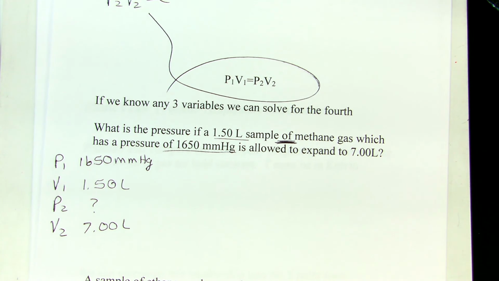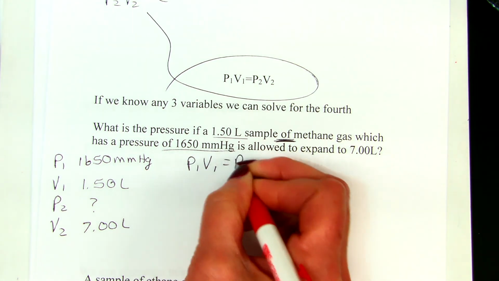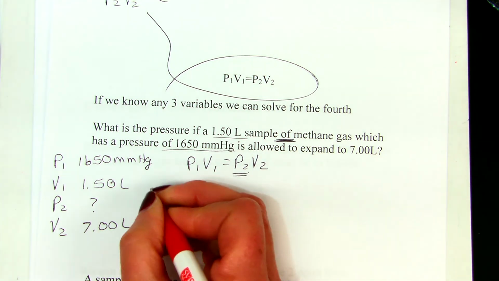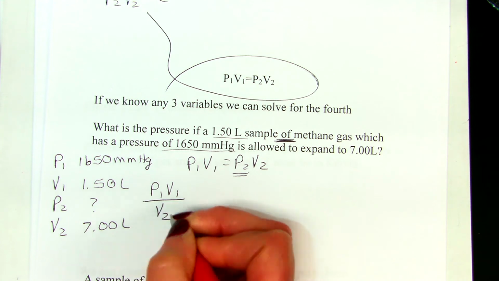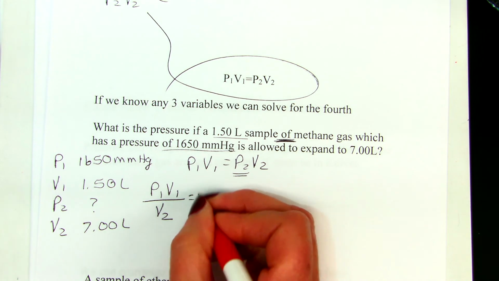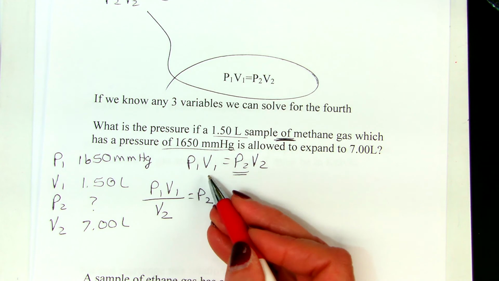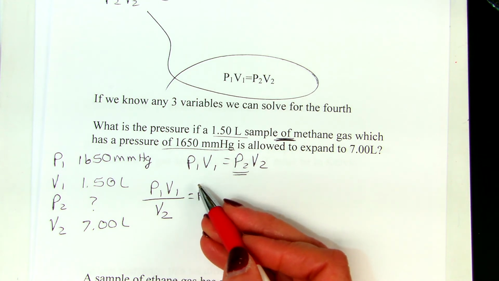Now, when you set these up, we know P1V1 equals P2V2, so P2 is my unknown. I always like to just rearrange the variables before I put any numbers in. I divide both sides by V2. Now I know that when I solve, it'll be P2. Many of my students now who grew up with calculators just like to put the numbers in and do the rearranging in the calculator, and that's fine as well.